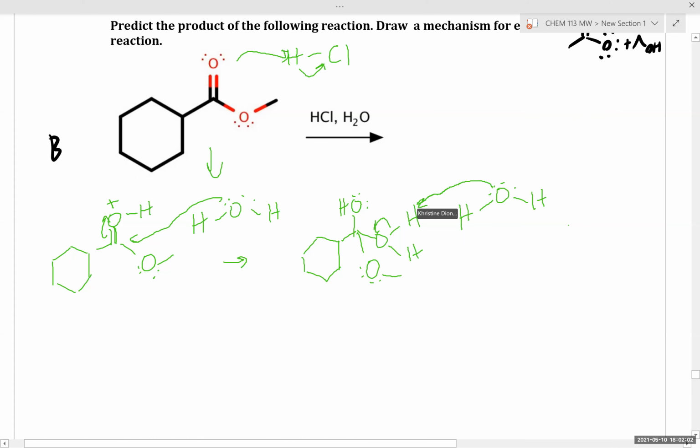So the student's drawing first the deprotonation step where we free up a lone pair on one of our oxygen atoms. And we also have to show activation of our leaving group. So in order for us to kick out our equivalent of, in this case, methanol, we're going to need to activate our leaving group. And one of the best ways to do that is via protonation.